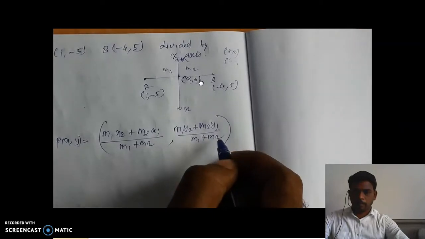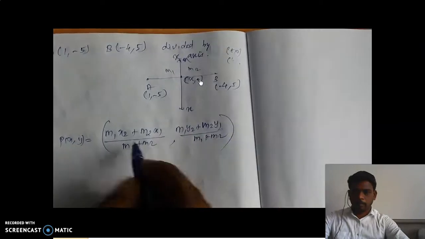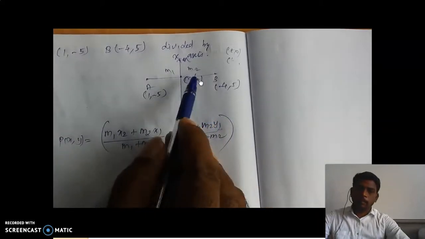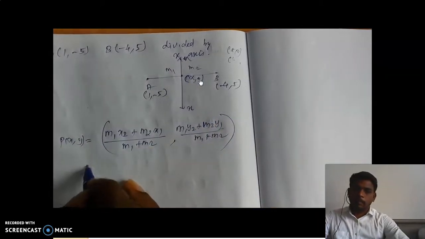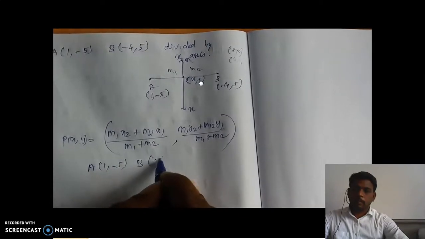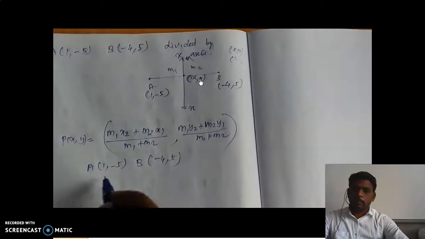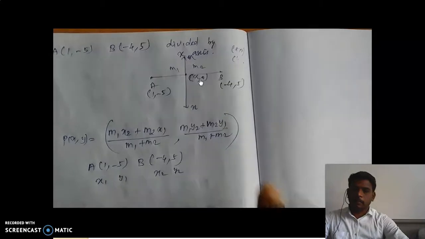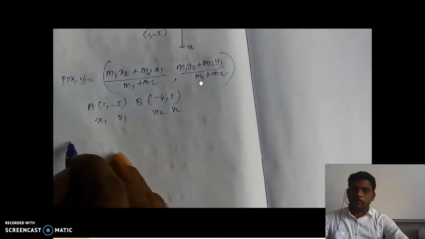So that is the section formula here. Now x1, x2, y1, y2 are all given, and we are going to find out M1 and M2 only here. So A of 1, -5 and B of -4, 5. So x1, y1 is this one and x2, y2 is this one. Now substitute in the formula.